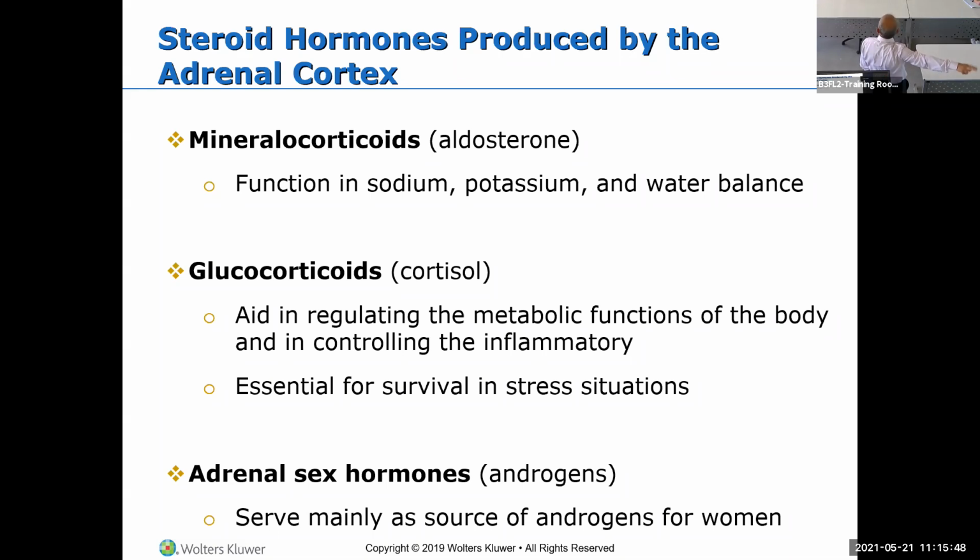Is it clear, folks? Excessive androgen causes excessive growth of body hair on the face, the chest, the back, the arms.